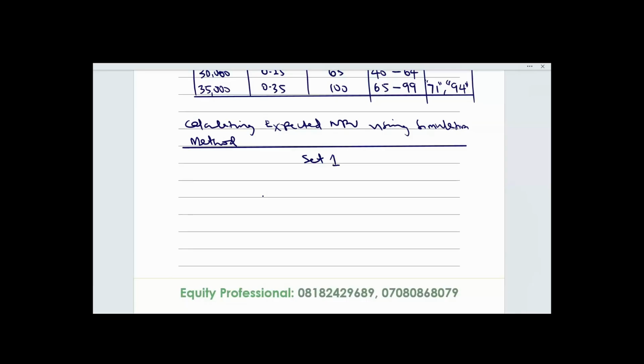All right. So create a column for year, description of item, cash flow, discount factor at 12%, then present value.